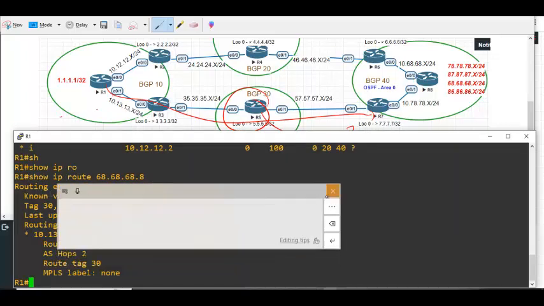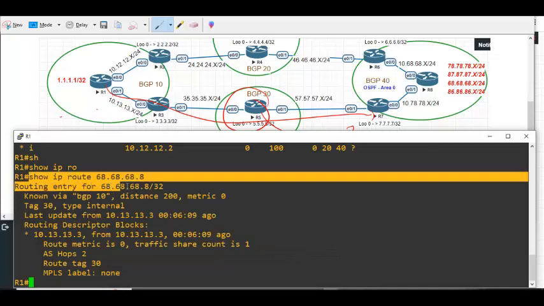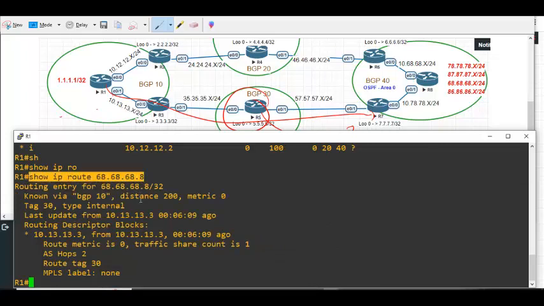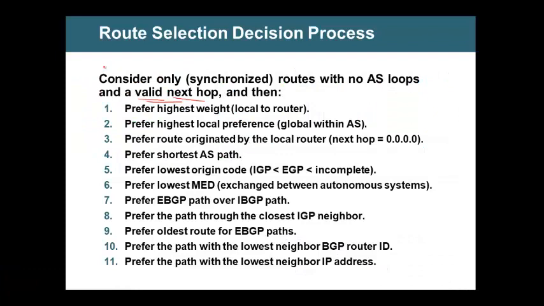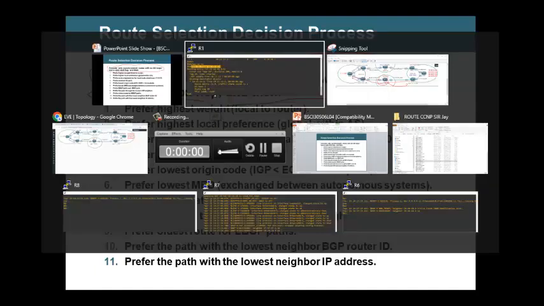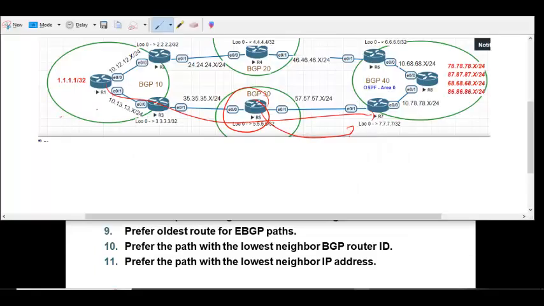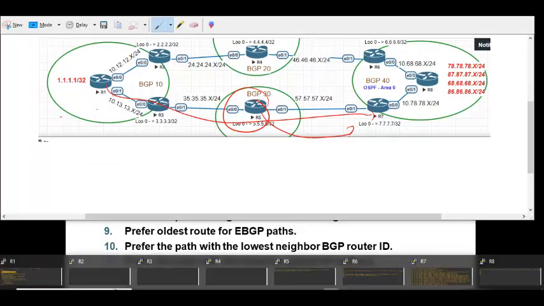Then you will see it will shift to router 2, which means both the paths are valid, which means the first point is successful. This first point is a tie. The first point is not a determining factor. To decide on the best path, something else is going to be a determining factor.